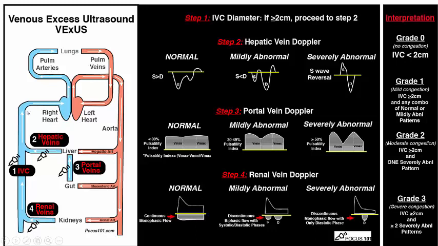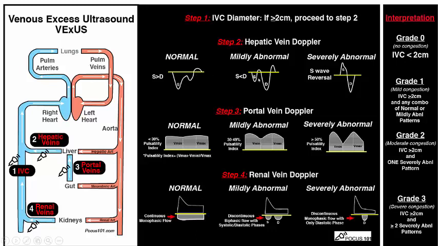Normally, if you put the pulse wave Doppler on the hepatic vein, you will see this type of waves. You will see first a big negative wave of systole, denoting contraction of the right ventricle, then another small negative wave of diastole, and a small positive wave of atrial kick.